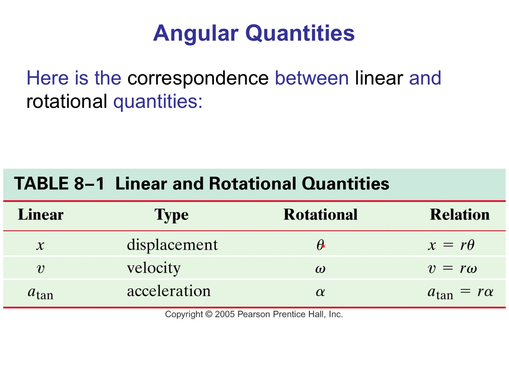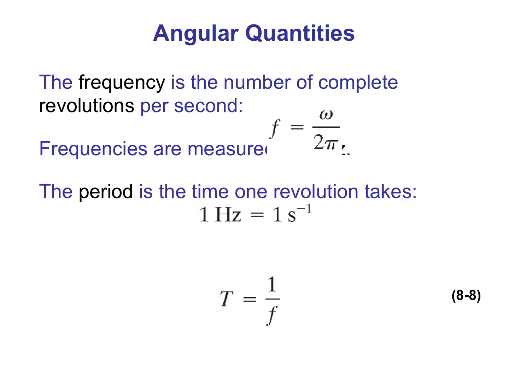Angular displacement is measured in radians, angular velocity in radians per second, and angular acceleration in radians per second squared. And these formulas link the rotational and linear aspects of any point in rotational motion. I believe these formulas are in your formula sheet.